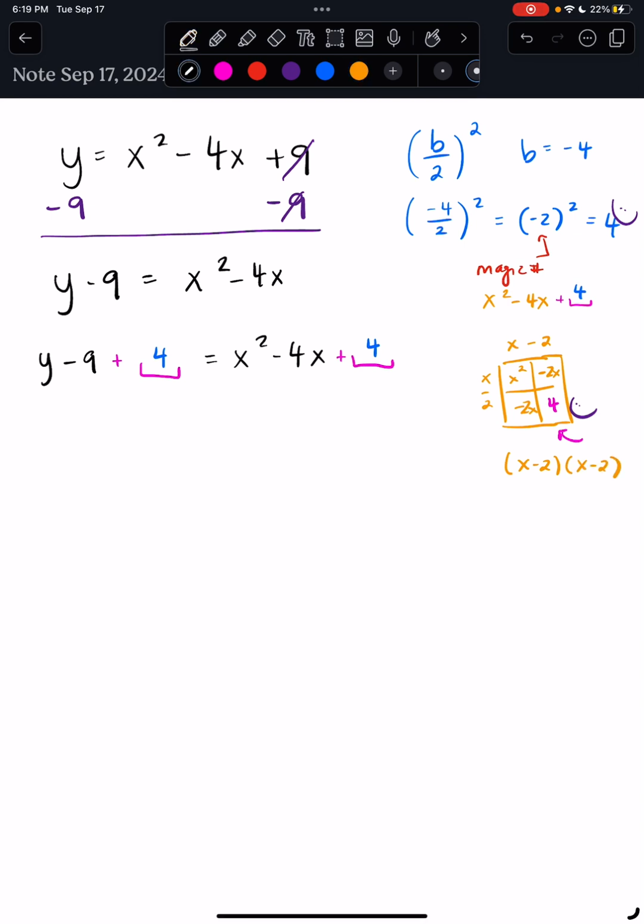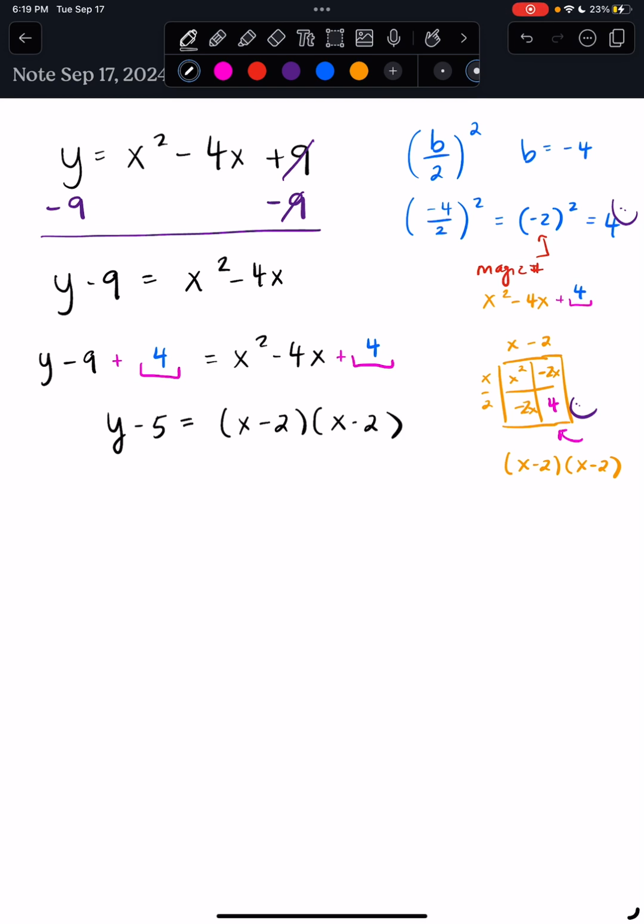I'm going to come back to my original equation that I was working with, and I'm going to simplify on the left. We have y minus 9 plus 4, which leaves me with y minus 5. And then just like I saw in my box method and using my magic number, I can see that x squared minus 4x plus 4 can just be rewritten as x minus 2 times x minus 2.